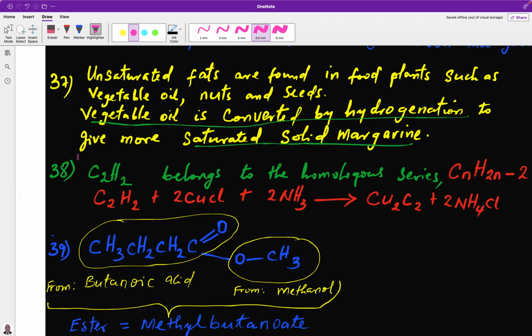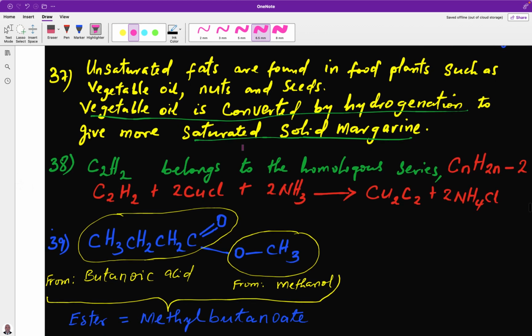Therefore, the only way we can convert these unsaturated fats to margarine is by hydrogenation. They will undergo hydrogenation because they are unsaturated. We need to add hydrogen atoms for them to be saturated, solid margarine. So vegetable oil is converted by hydrogenation to give more saturated solid margarine. That is how we get our margarine from vegetable oil.